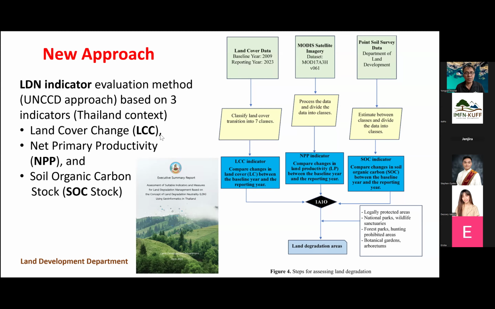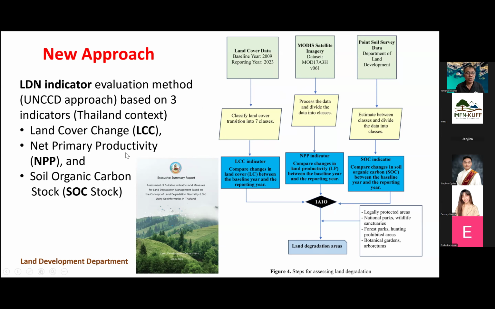To analyze. So for Thailand, the Land Development Department recently performed research using 3 indicators to determine land degradation neutrality.